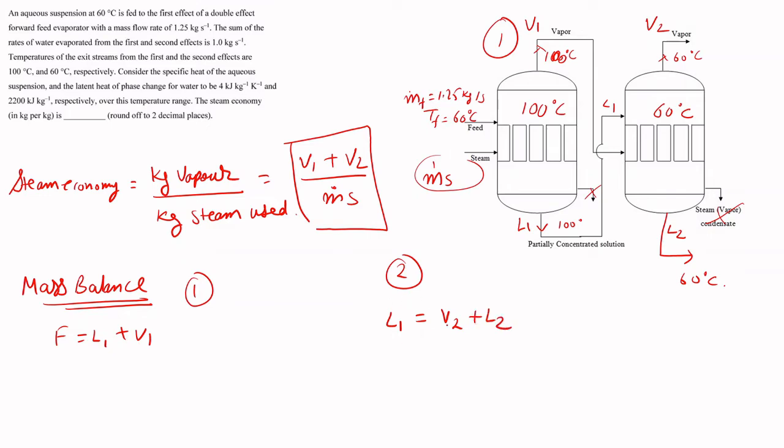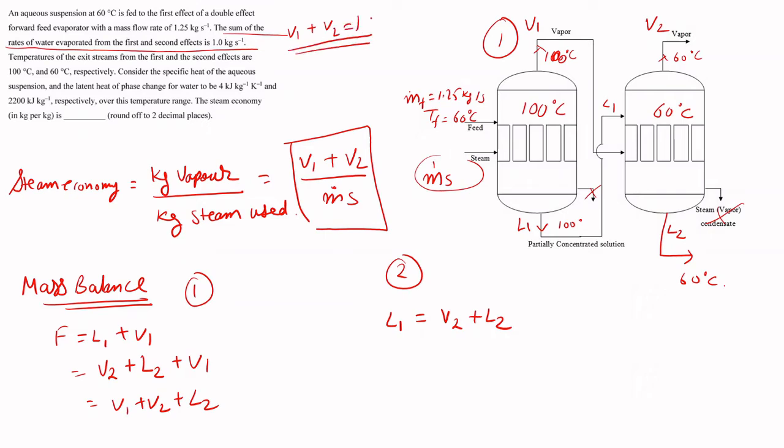Now we can replace this value of L1 in the mass balance for evaporator 1, and we obtain F is equal to V2 plus L2 plus V1. Now in the question we have been given that the sum of the rates of water evaporated from the first and second effect is 1 kg per second, that is V1 plus V2 is equal to 1.